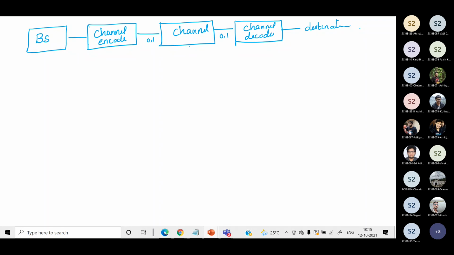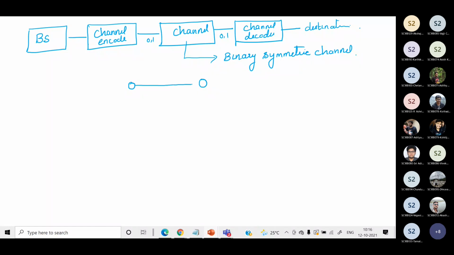There are different channels we can use with the channel encoder. Here the main one we are going to use is the binary symmetric channel. How will this channel be? If I transmit a 0 into the channel and the output is also 0, it means no error has occurred in the channel.